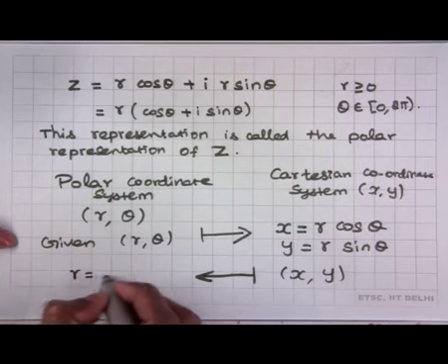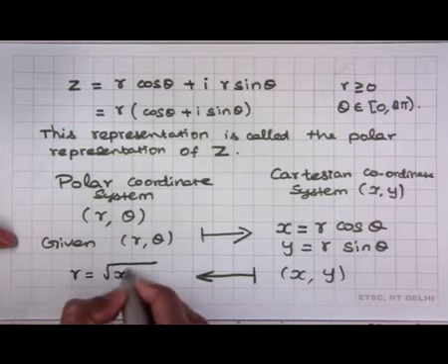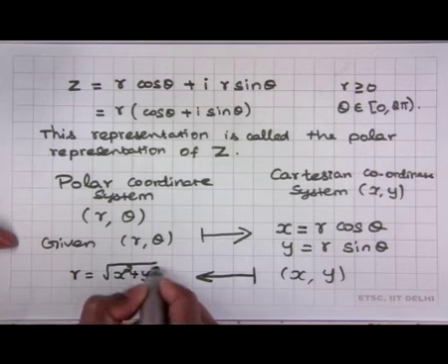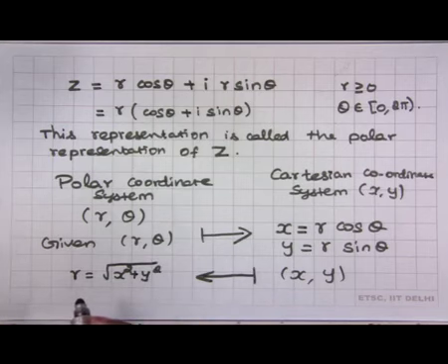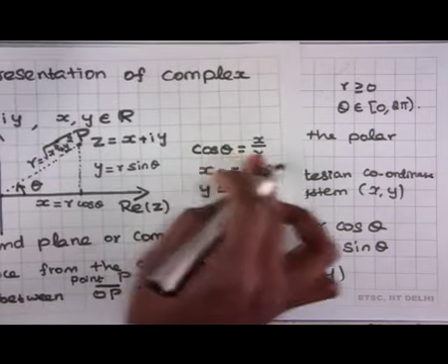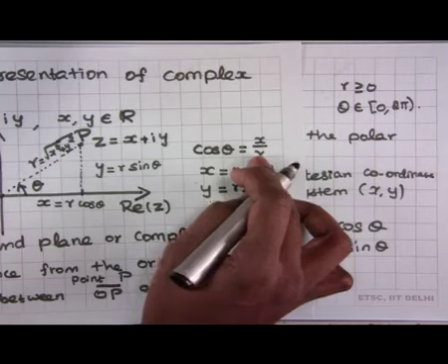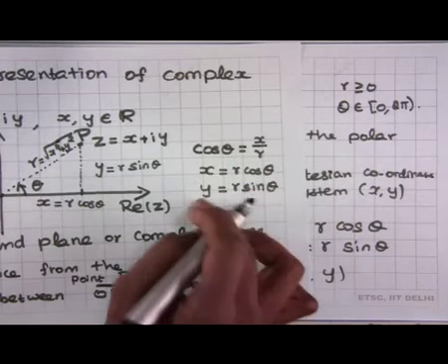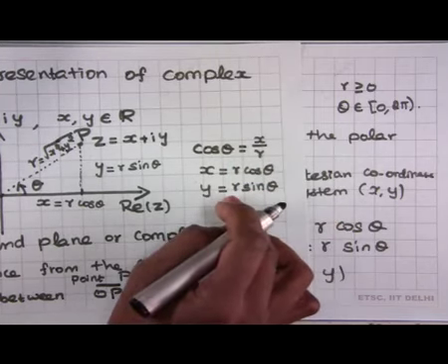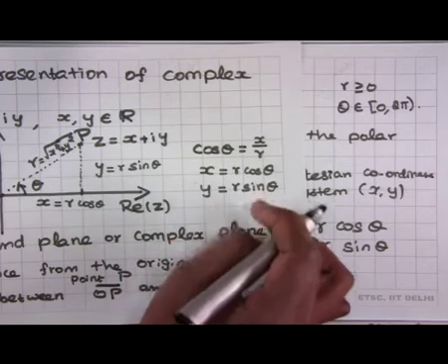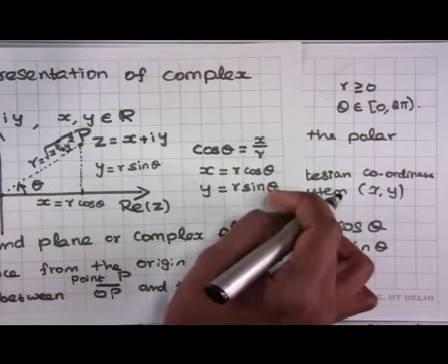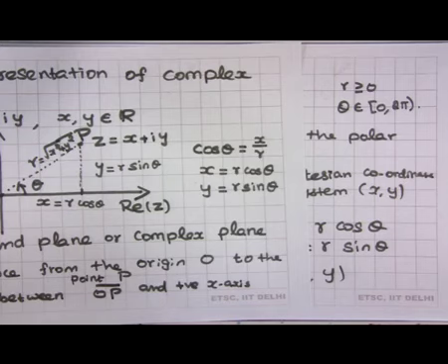r is given by the square root of x square plus y square, and for theta, what we observe is cos theta is x by r and sin theta is y by r. So theta should satisfy these two equations simultaneously.